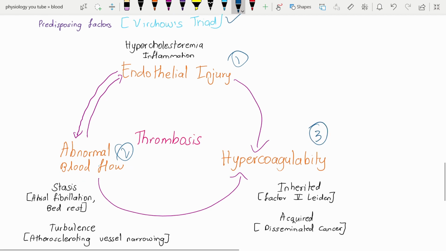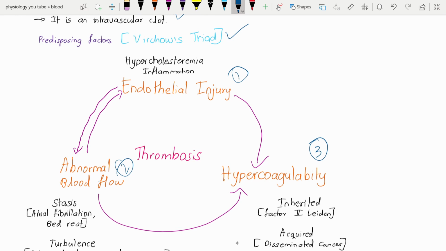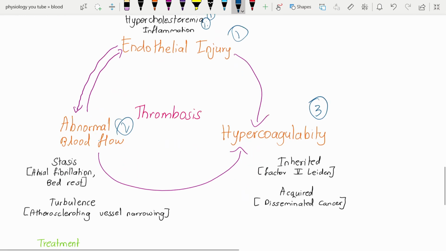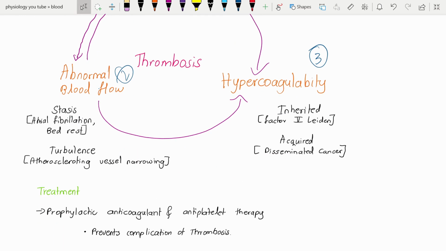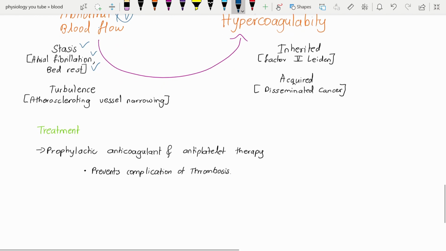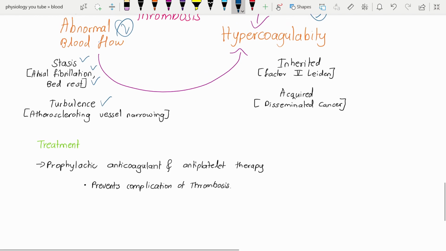Then what are the causes of endothelial injury? That may be due to hypercholesterolemia and inflammation. There are many causes; I am writing the important ones. And abnormal blood flow may be in cases of stasis, for example atrial fibrillation and bed rest of the patient, and might be due to turbulence causing the abnormal blood flow.